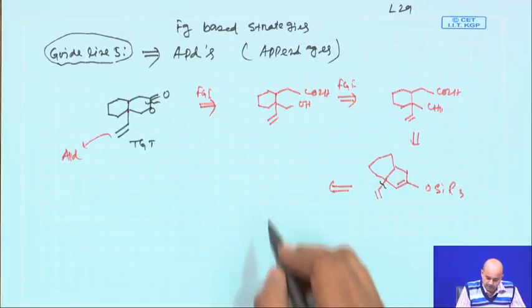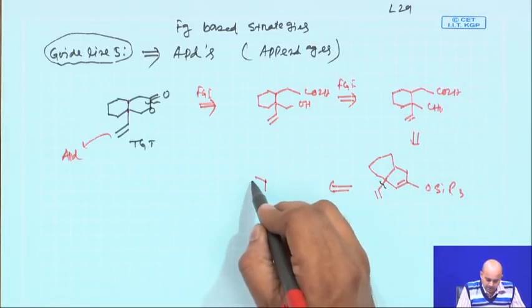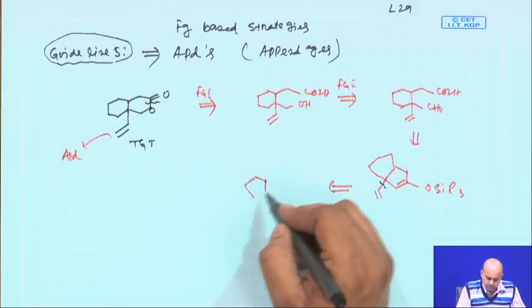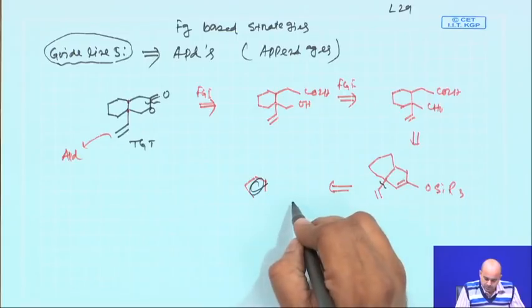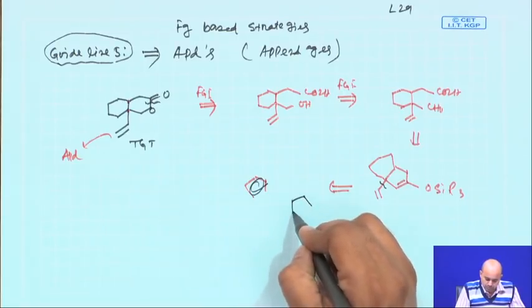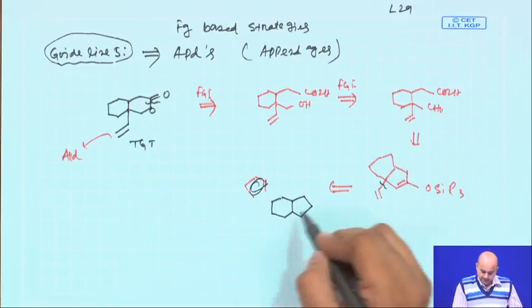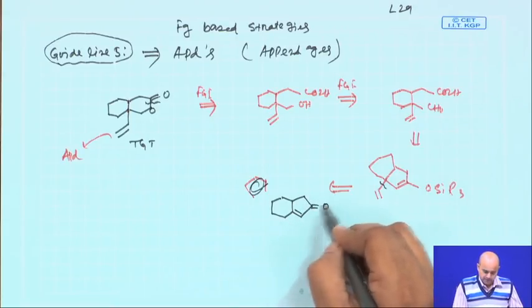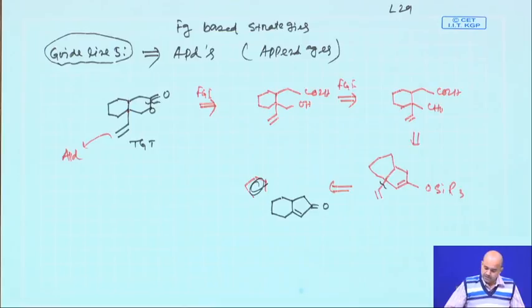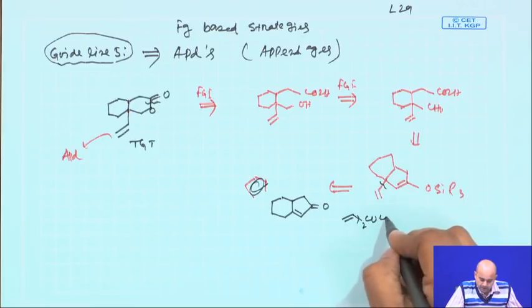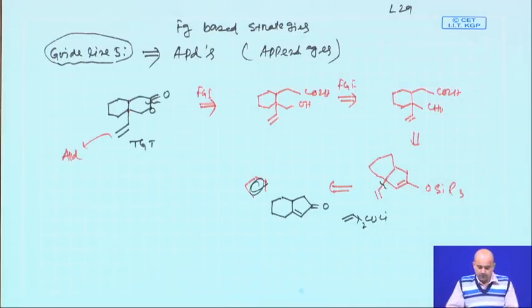The appendage disconnection now, let us say, I will just put a ring in this way, and then you see this appendage disconnection can now be efficiently done by a vinyl copper lithium, or a Gilman reagent. So, what happened?